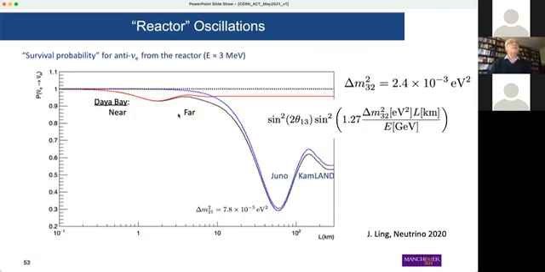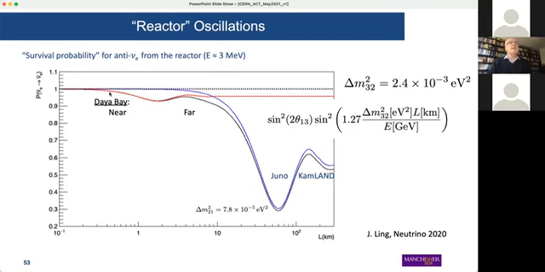This is shown in a more quantitative way here. This is the so-called survival probability, so the probability that the anti-nu-e coming out of the reactor stays an anti-nu-e as a function of the distance for a typical energy, which is of the order 3 MeV when it comes out of the reactor.